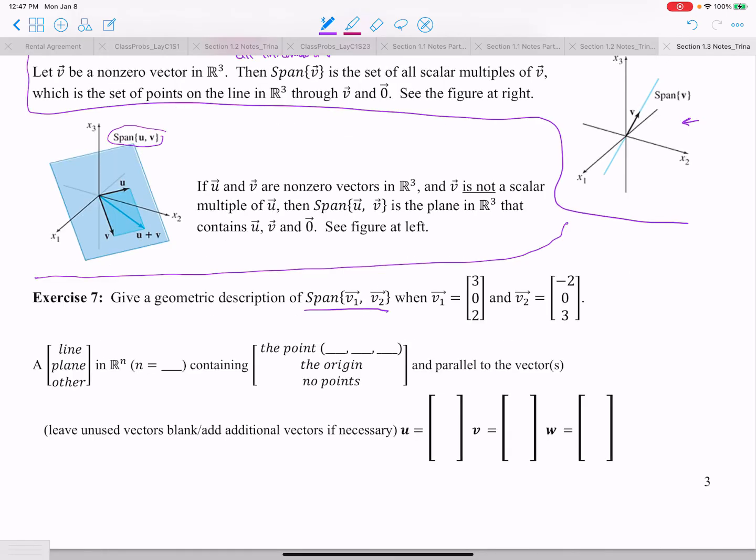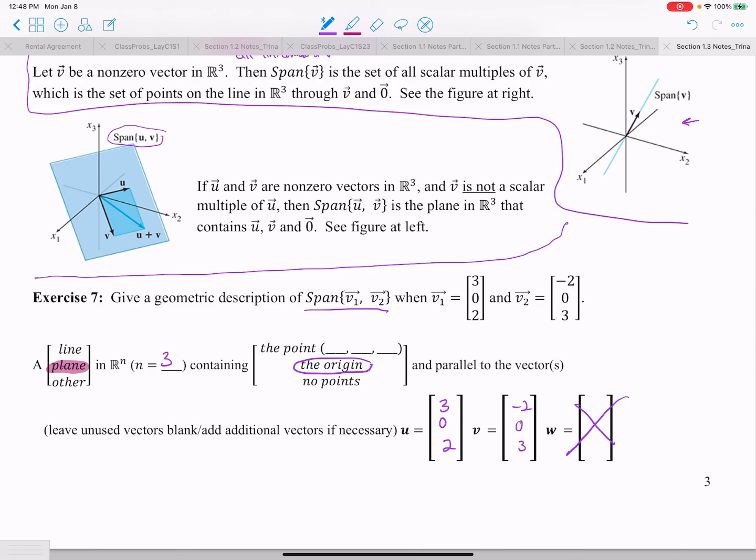So if I want to give a geometric description of the span of V1 and V2, where I'm given values for V1 and V2 in R3, and I only have 2 vectors, it's going to be a plane, and it's a plane in R3 because they are in R3. It's going to go through the origin, and it's parallel to the vectors that you're given.